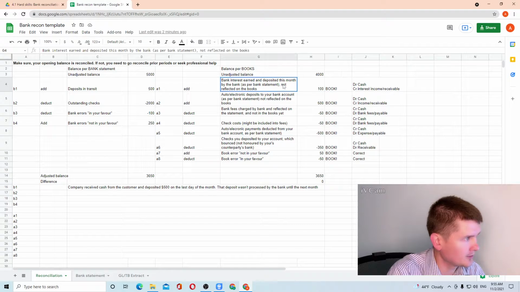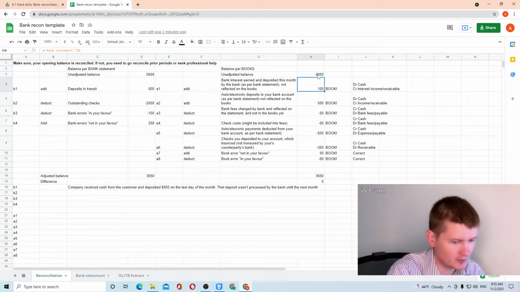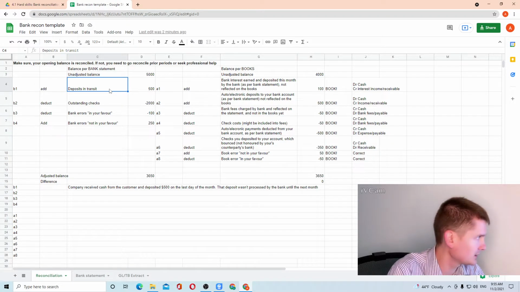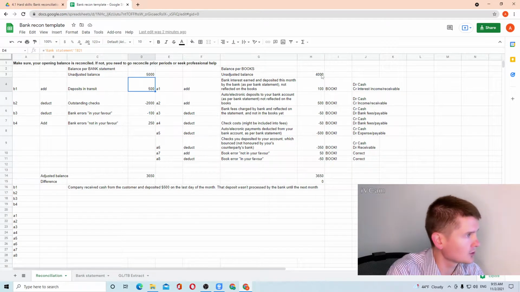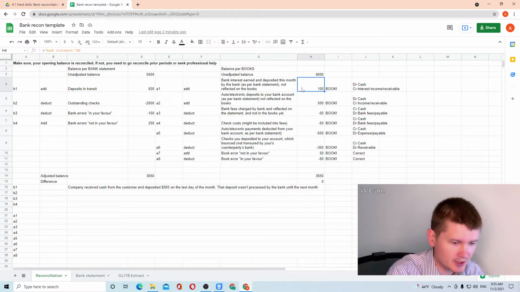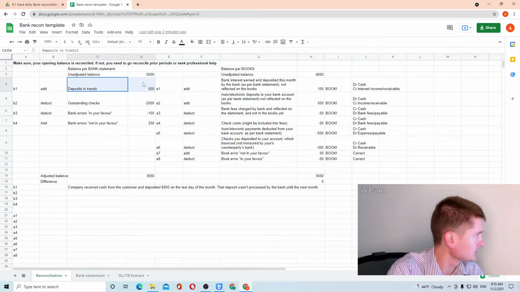So if we got cash on September 30, we reflect it in the books in September, we bring it to the bank, but the bank hasn't reflected it until October. But this is our true cash at the month end. And that's why this is a reconciling item here in the bank.